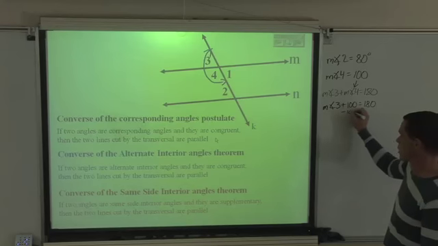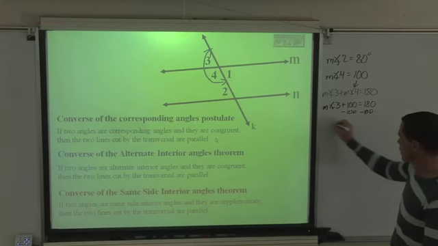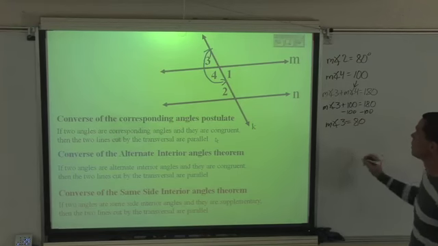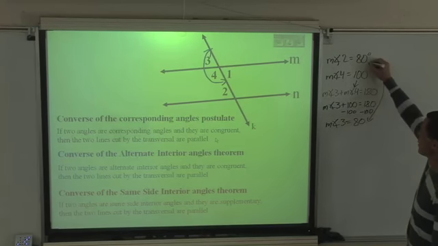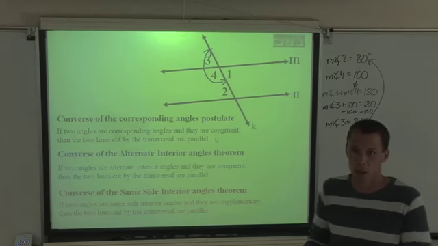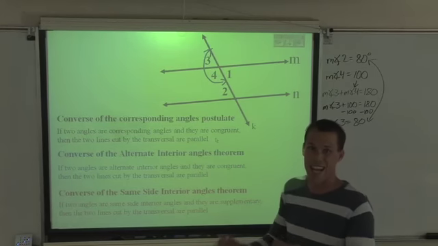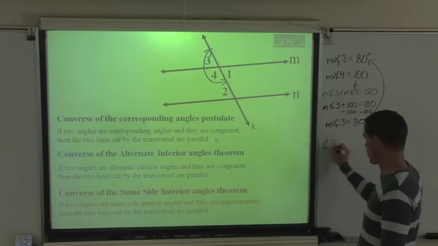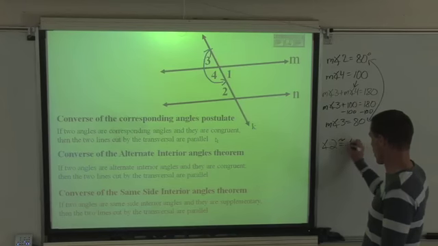And with some subtraction, I have the measure of angle 3 is equal to 80. Well, we now have linked. Angle 3 and angle 2 both have a measure of 80 degrees, so they're congruent. By the definition of congruent, two angles with the same measure are congruent.